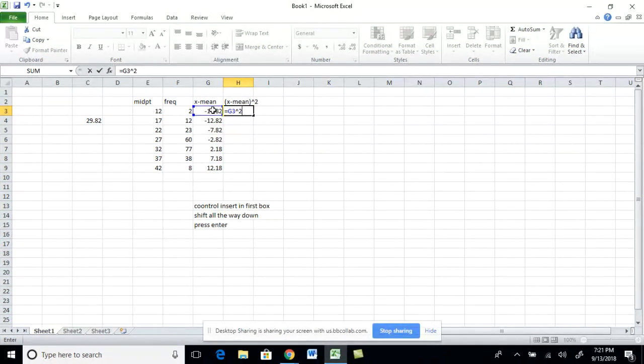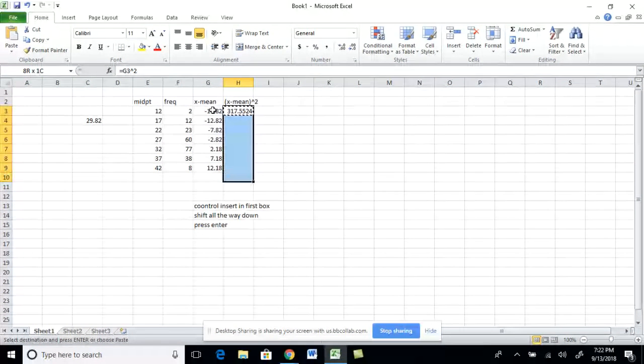The caret is the exponent. Press enter. Now, how do you do that for everything? Again, you just go Control, Insert, and it makes it look funny. And then you shift all the way down, wherever you want, and it's going to do that for all those numbers in the third column.